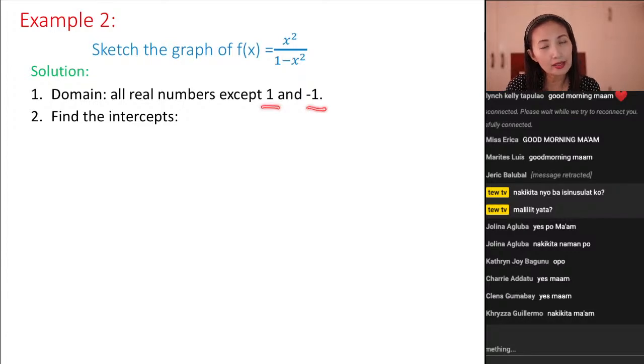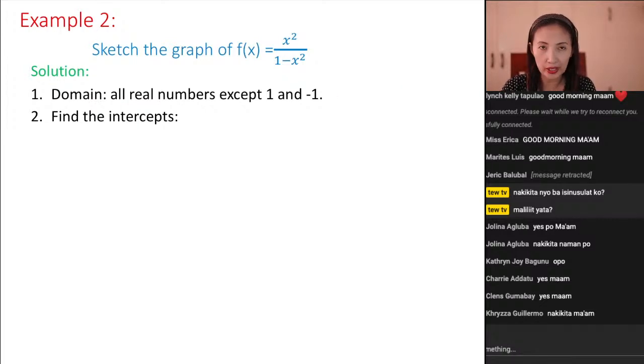The technique is to check the denominator and find the values of x that will make it 0. Those are 1 and negative 1. I hope this is clear, so we can proceed to step number 2.